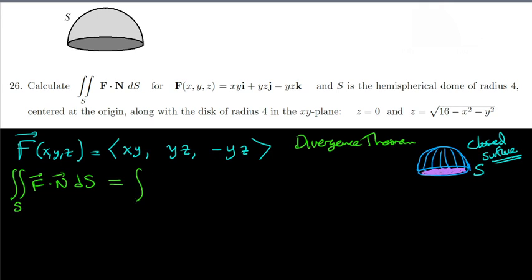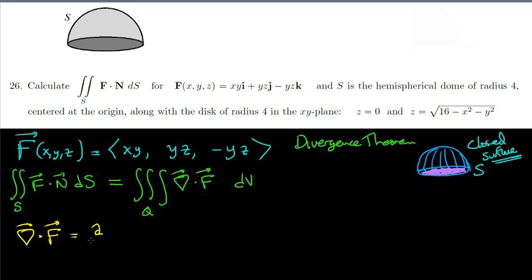So the divergence theorem says that instead of doing the surface integral, I can just calculate the volume integral, dV, but what I have to integrate is the divergence of this vector field. We're given the vector field, so I think we can calculate the divergence pretty easily.